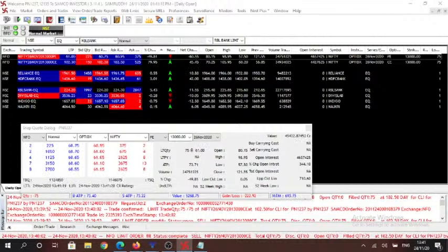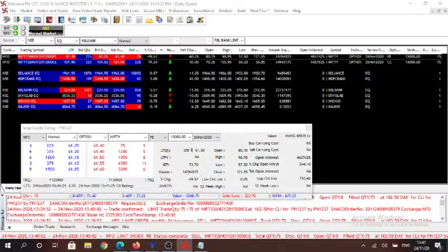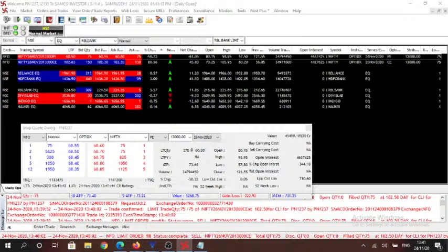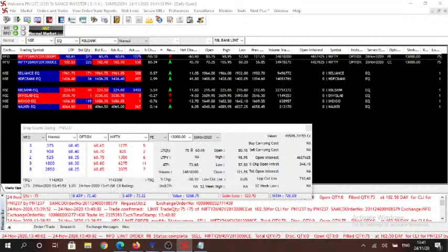Nifty Pharma has also made a 1 week high right now. Wow. 60 is not breaking now.